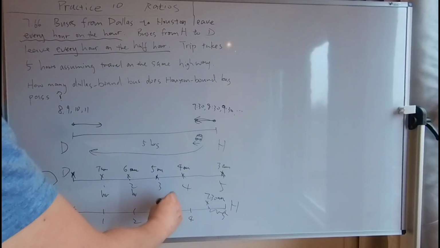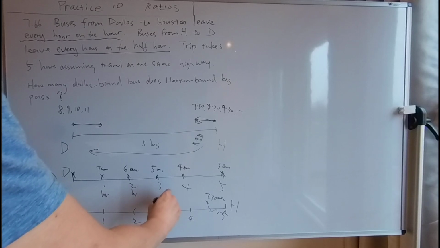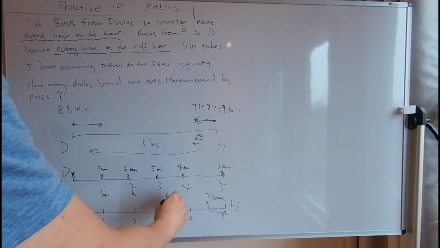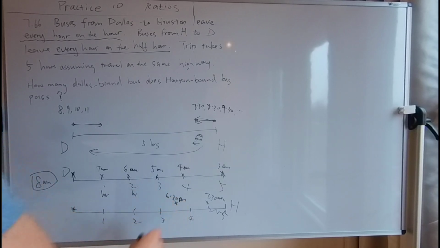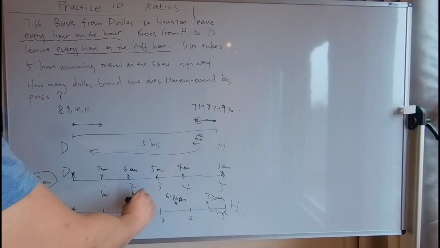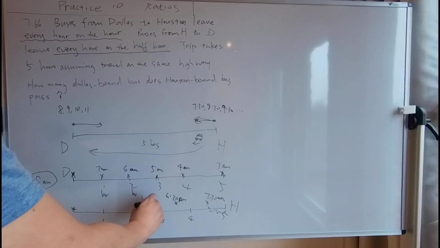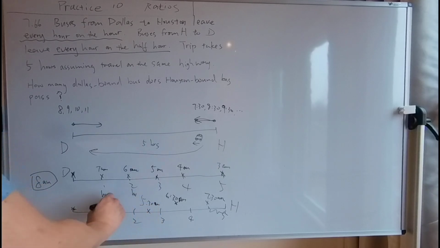And then the 6:30 bus is also on the way and halfway between the 3 and 4 hours. Then you have the 5:30 bus here, the 4:30 bus here, the 3:30 bus here, right?